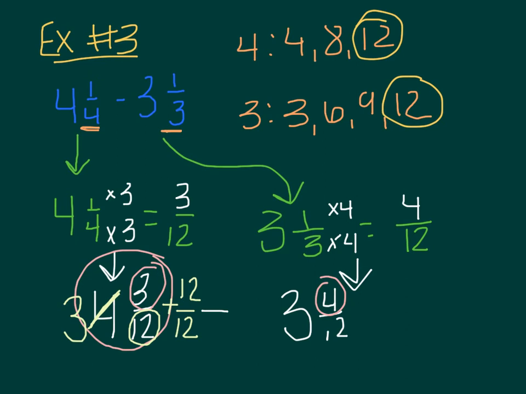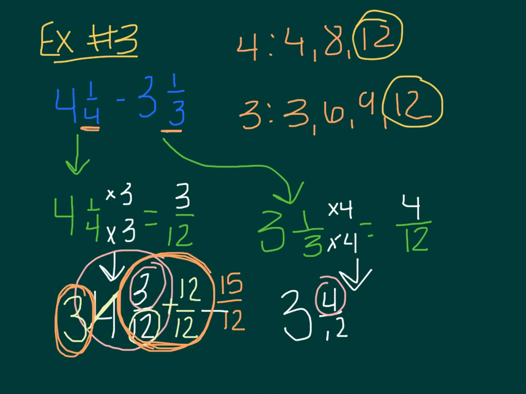And now here's another step that we didn't have to take in the last problem that we do have to take in this problem because we have a fraction part in this problem. So here's my whole number. It's 3 now. And now I have this that I have to add together. Because I already had 3/12, and now I had to add 12/12 to it. So I just add those together. 3 plus 12 is 15. And remember, your denominator stays the same.